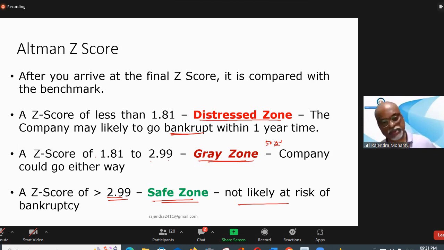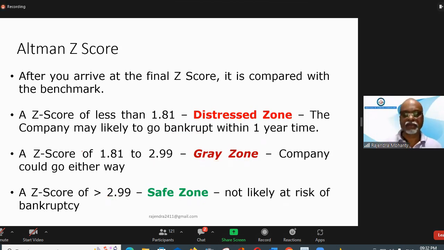Such types of questions might come, or sometimes an MCQ comes asking which score denotes the safe zone. You can say if it is more than 2.99, it is the safe zone. The distress or bankruptcy zone is if it is less than 1.81. If it is 1.81 to 2.99, it is the gray zone.